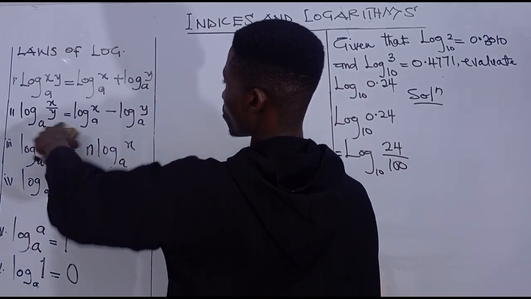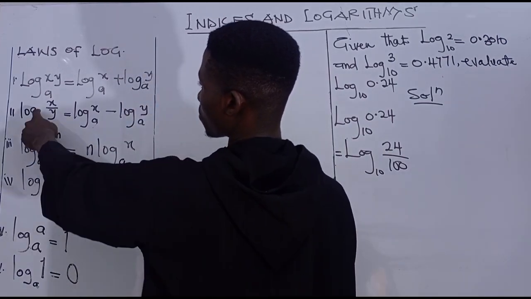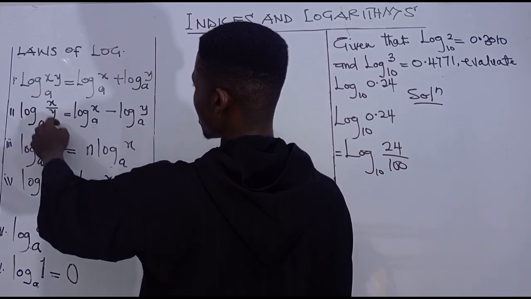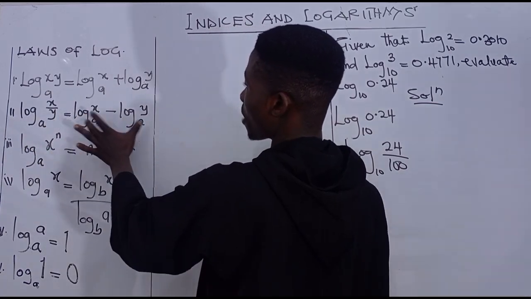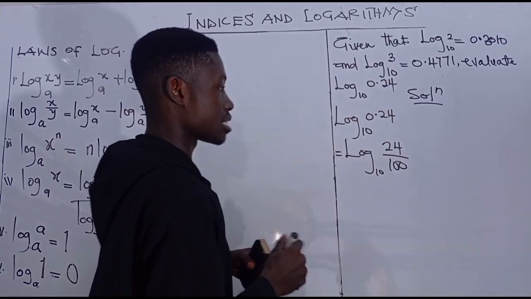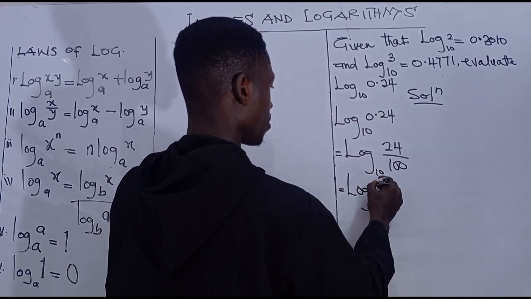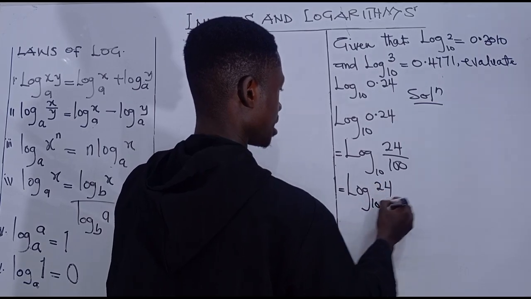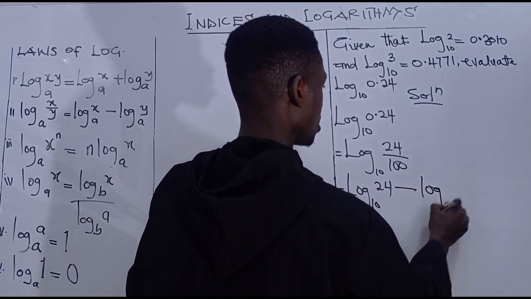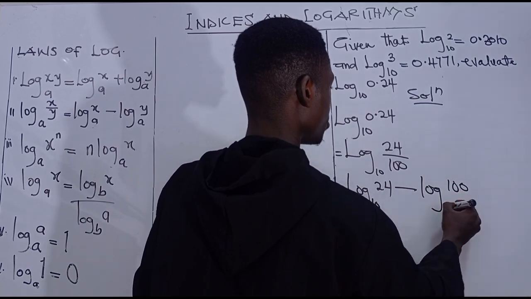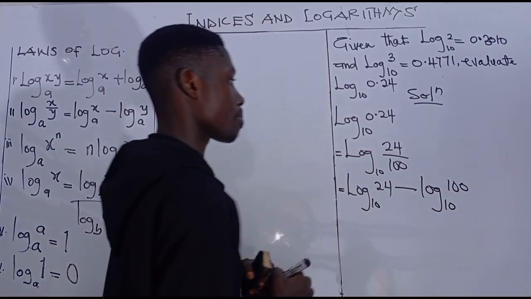This is the division law for logarithm. When you have the logarithm of two numbers dividing themselves, then we have to subtract the logarithms of these two numbers. So you have log of 24 to the base of 10 minus log of 100 to the base of 10.